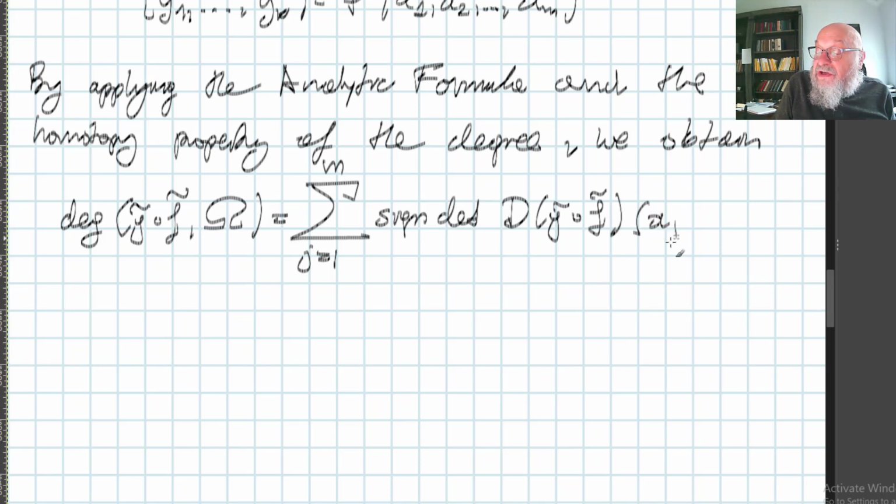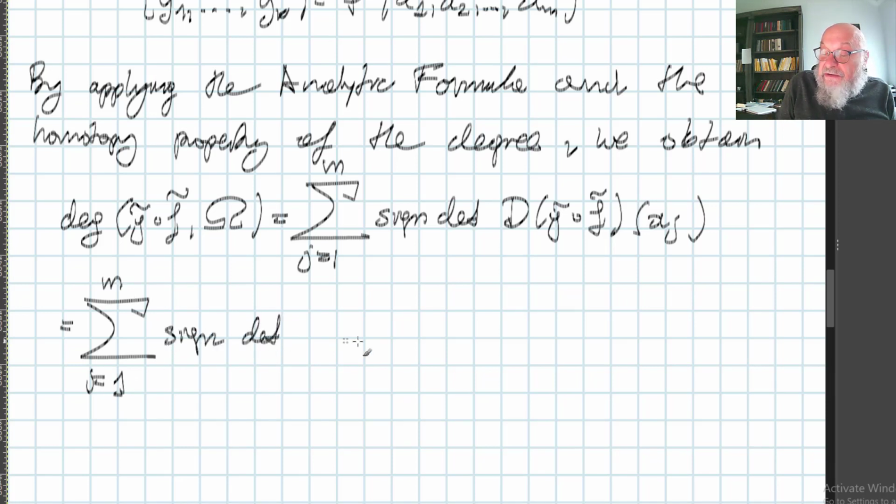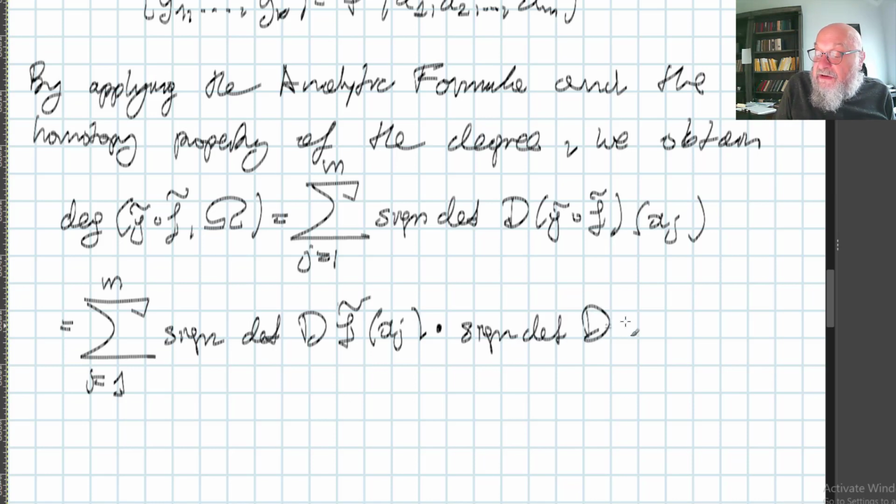So now let's continue. By the derivative of compositions, this will be signum determinant of d f tilde at xj, times signum determinant of d g tilde at the point f of xj.